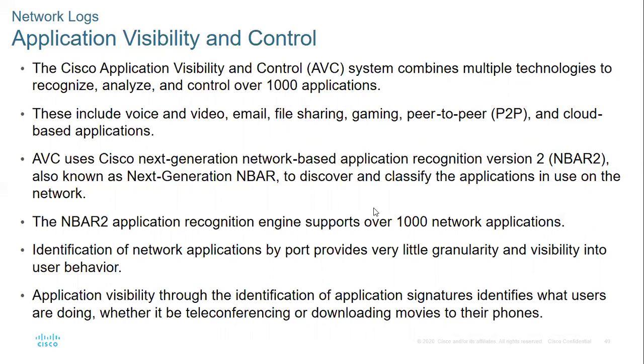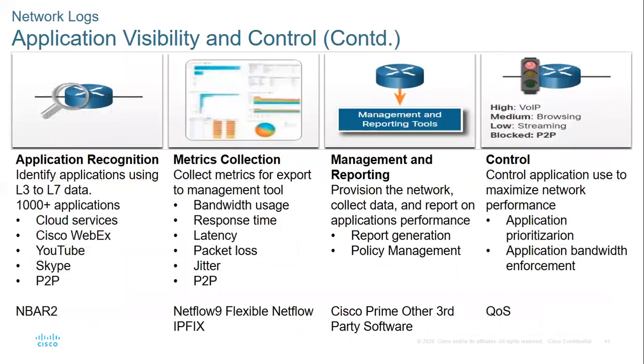This is also a Cisco application which you can use to identify which applications are running. The tool is able to recognize more than 1,000 applications. It is also able to collect information on how much bandwidth is being used, response time, latency, jitter, and so on, for management and reporting, as well as application control.